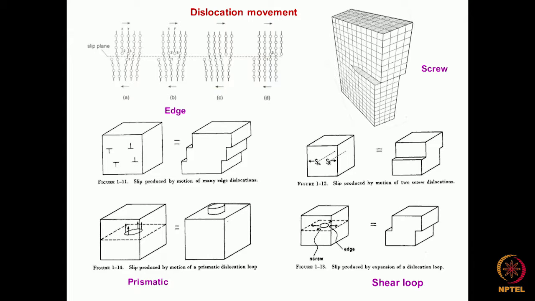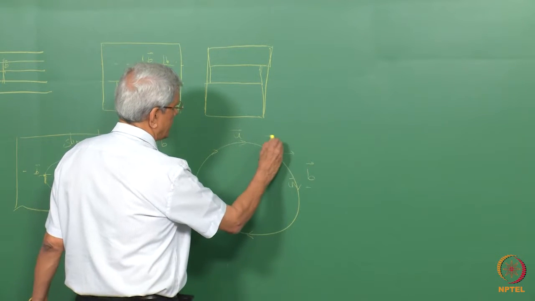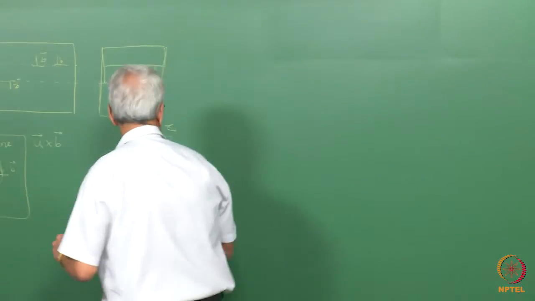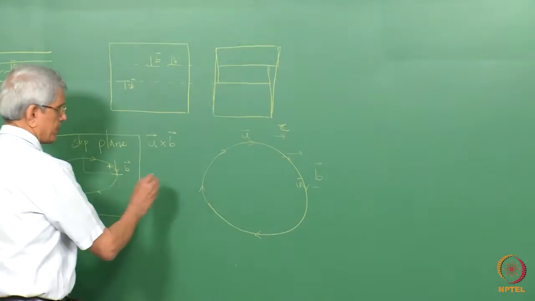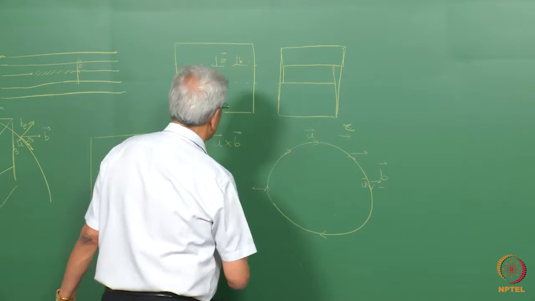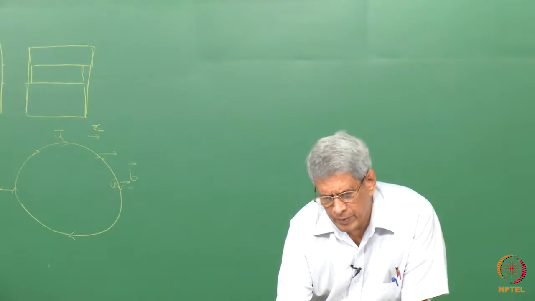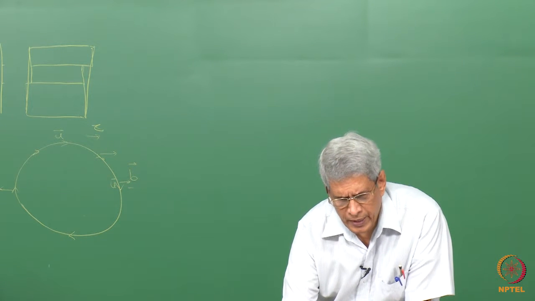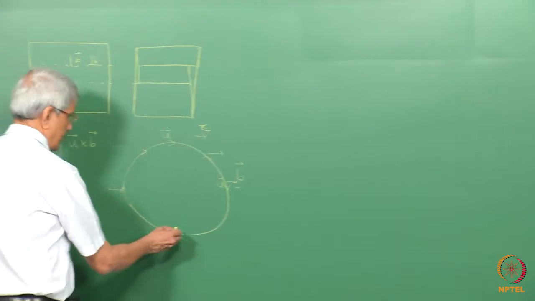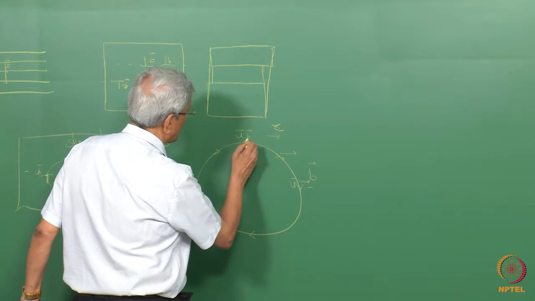If we apply a shear stress to this dislocation and try to deform it, suppose the stress is applied in this particular direction. As we know, the edge component will propagate, the positive one in this direction, the negative one in this direction. When they propagate like that, finally they will come out of the sample surface and create a step. But for the screw component, this is the line direction, and the Burgers vector is also in this direction.